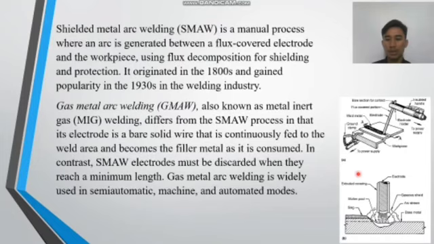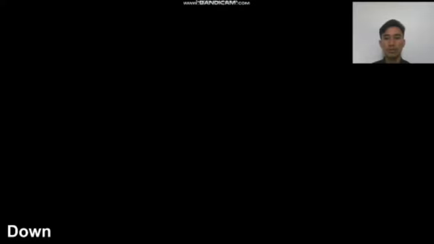In contrast, SMAW electrodes must be discarded when they reach a minimum length. Gas metal arc welding is widely used in semi-automatic, machine, and automated modes.